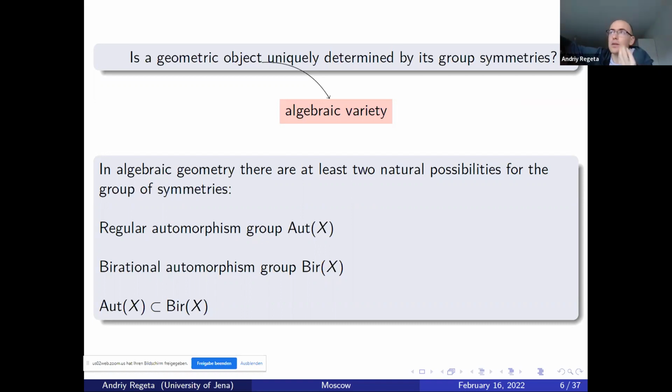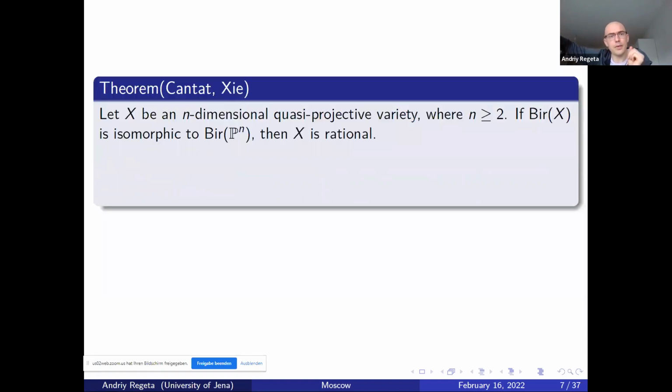Hence, a bigger group should contain much more information about the variety. So it should be much easier to characterize your variety with the help of this huge group, the group of birational transformations. So let's try it at the beginning.